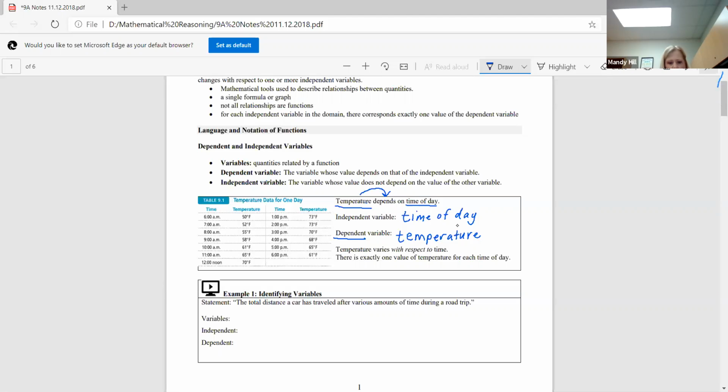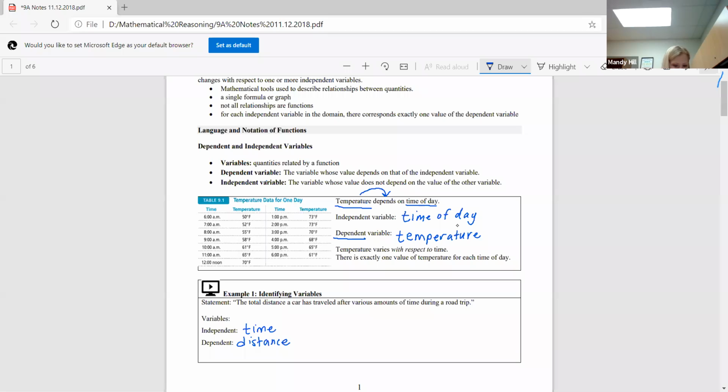Okay, so our dependent variable down here is the distance. And the independent variable is time, because the distance the car has traveled depends on how much time has elapsed in the road trip.